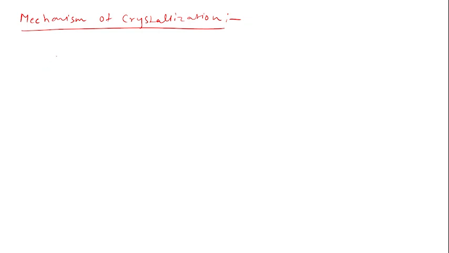Okay, one more thing you should learn is the mechanism of solidification or crystallization. So when the transition from the liquid state to the solid state takes place, firstly what happens?